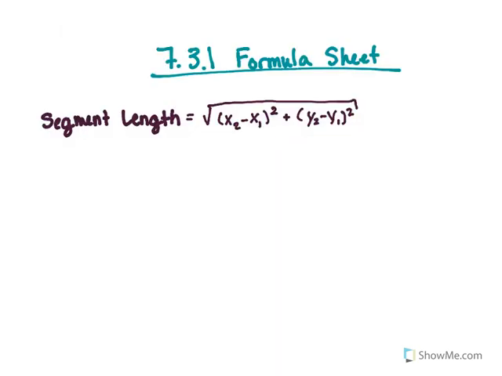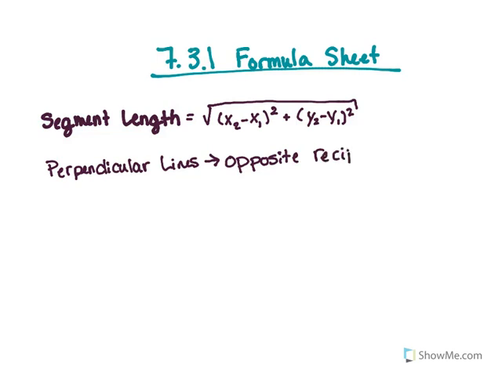So if you remember back from the beginning of the year, perpendicular lines have something called opposite reciprocal slopes.